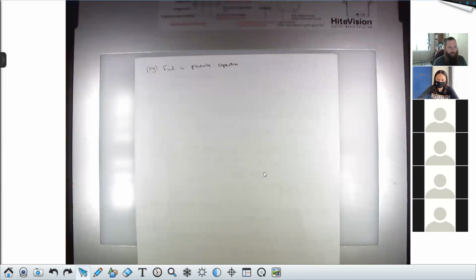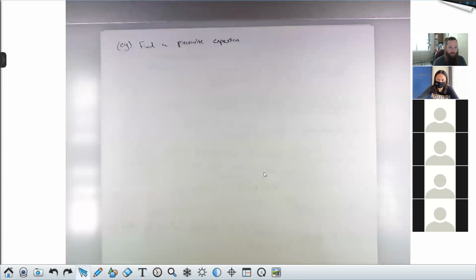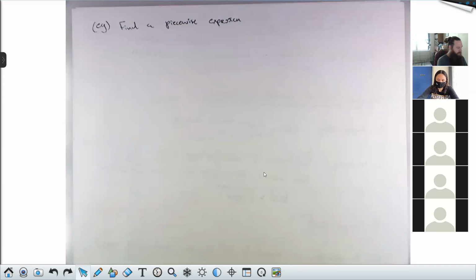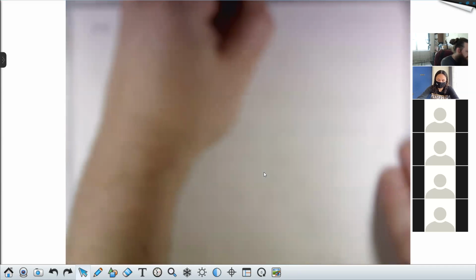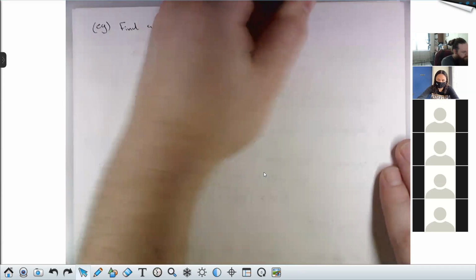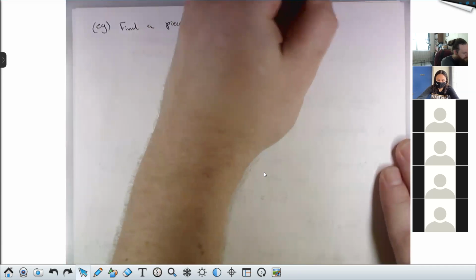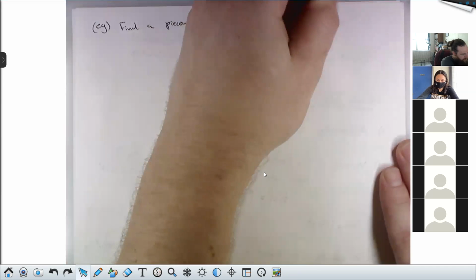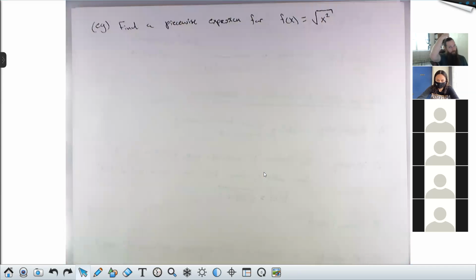But let's see if we can find a nice piecewise expression for f of x equals the square root of x squared. I think most people came to a reasonable conclusion about this, but I got a lot of questions about it in email and on the Ask My Instructor thing.